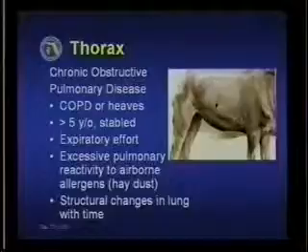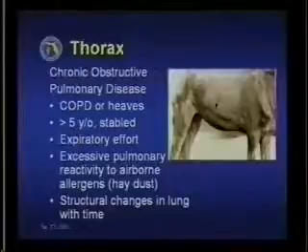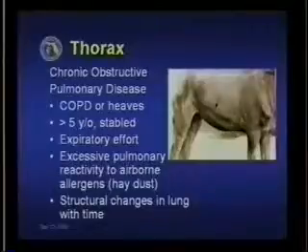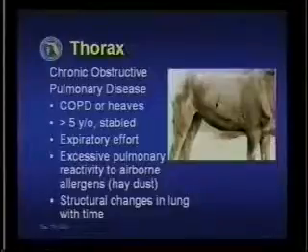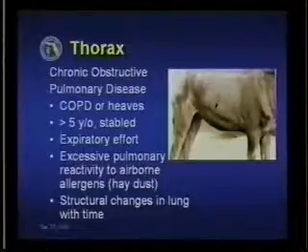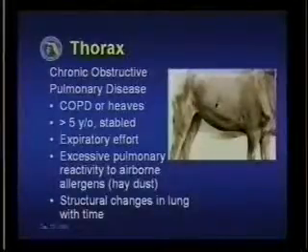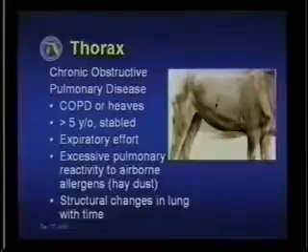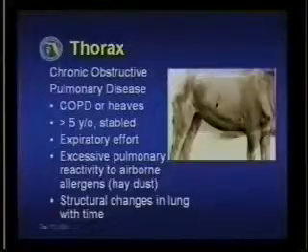So basically, when horses inhale, the air gets trapped behind these bronchioles that are affected because of small mucus plugs, and therefore these horses exhibit a very severe expiratory effort, which can long-term result in the presence of a heave line, where the breathing pattern has acquired an abdominal component. So the heave line is basically due to the fact that these horses are constantly trying to push air out of their lungs as hard as they can using their abdominal muscles.